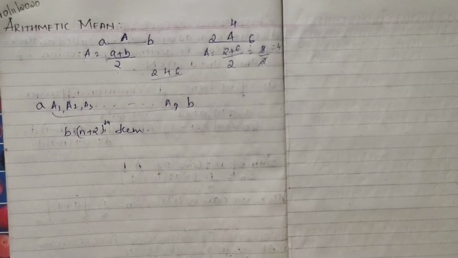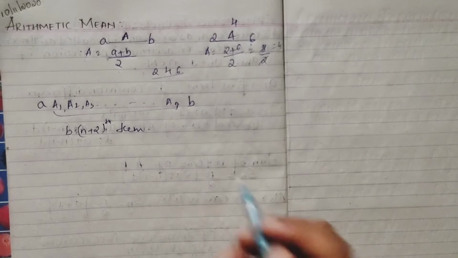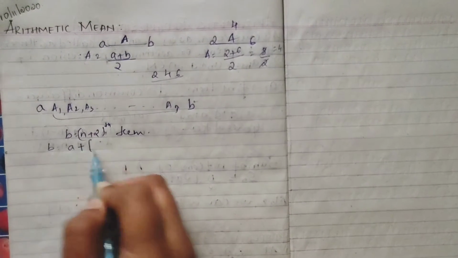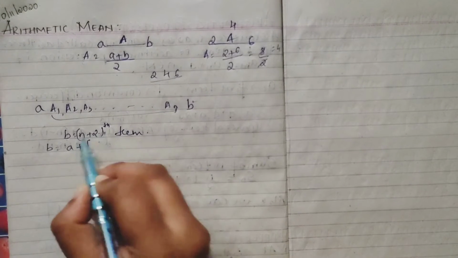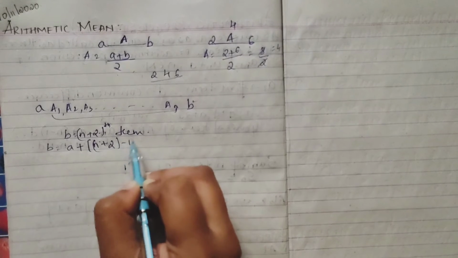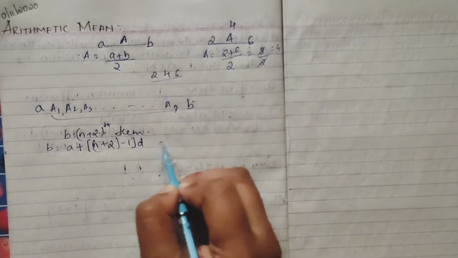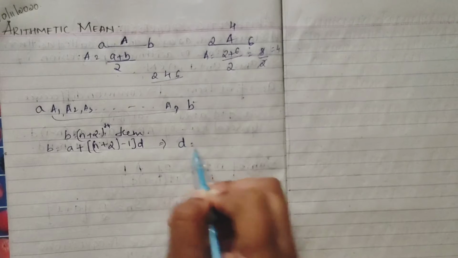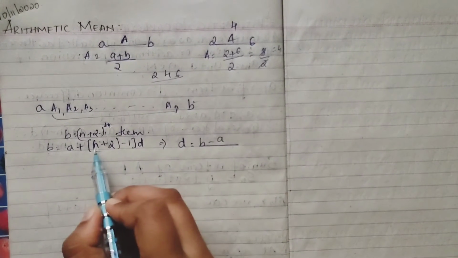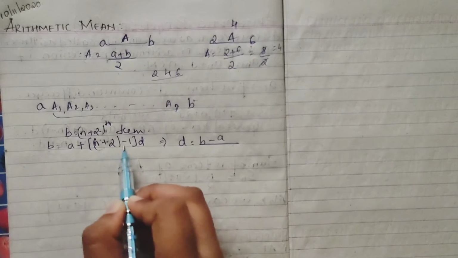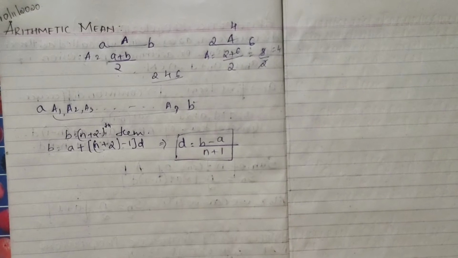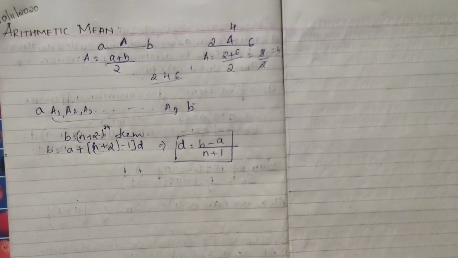So according to the formula, b is equal to a plus (n plus 2 minus 1) d, right? So if we want to find d, it will be (b minus a) divided by (n plus 2 minus 1), which becomes n plus 1. So here d we have got as (b minus a) divided by n plus 1.